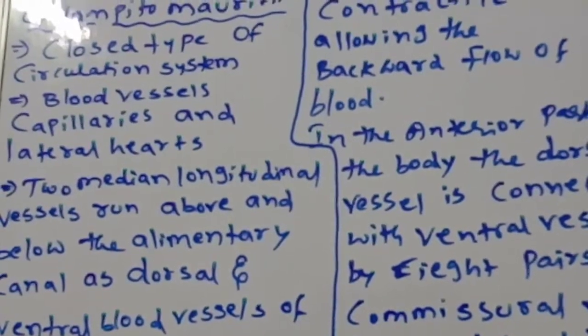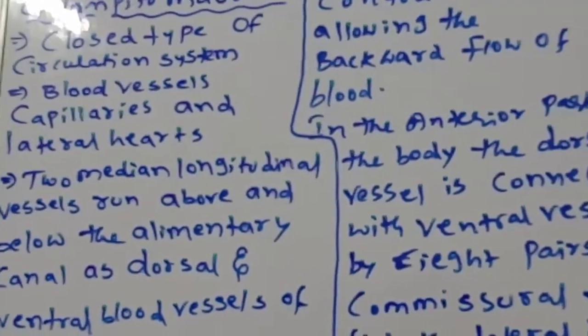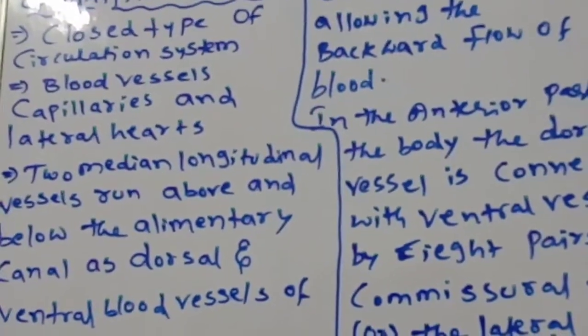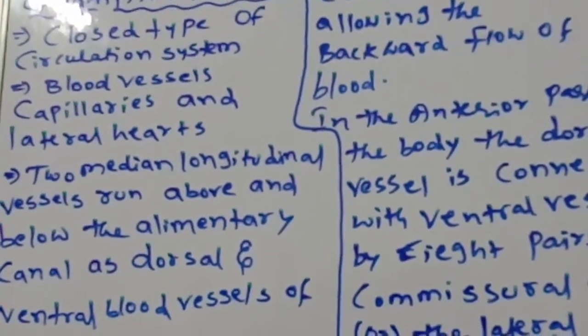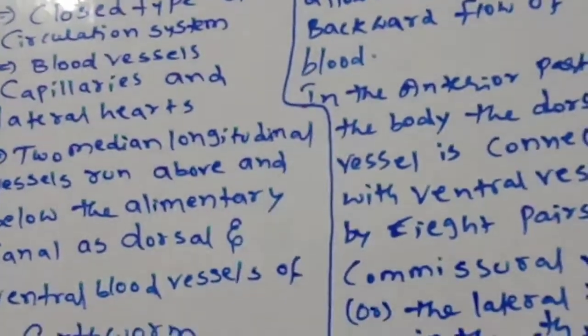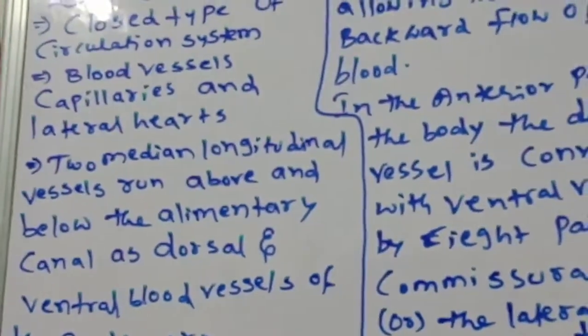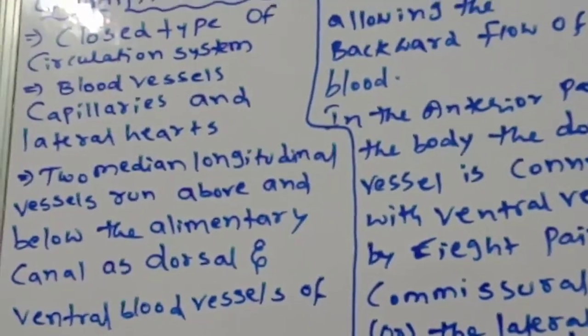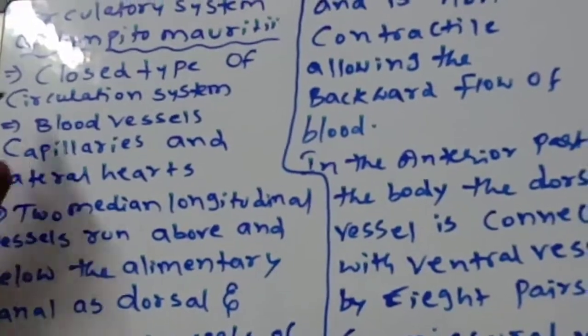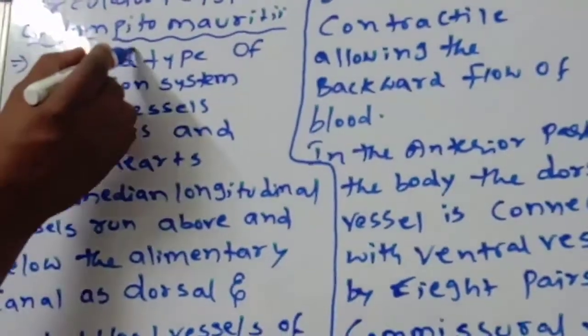Like that, two blood vessels are there in Lampito mauritii. That we will discuss point to point completely. Okay, children, so the circulatory system of Lampito mauritii is a closed type of circulation system.